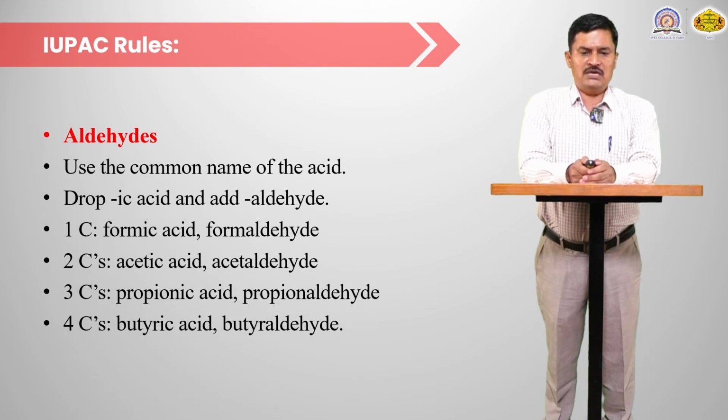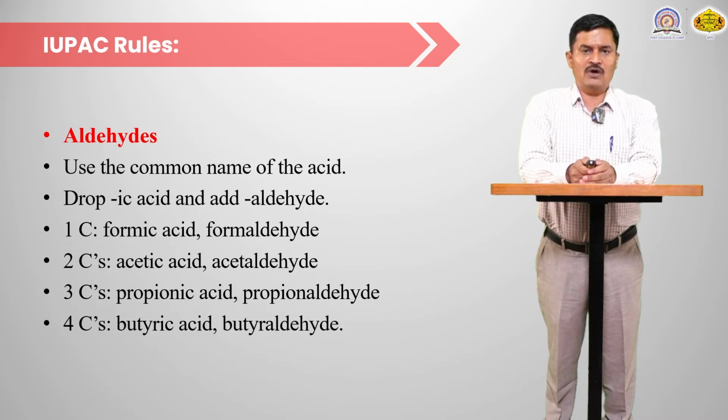Use of common name systems. In the common name system, if we compare with the acid, the last word acid, IC, is replaced by aldehyde. For example, in the case of formic acid, the common name of this compound is formaldehyde.